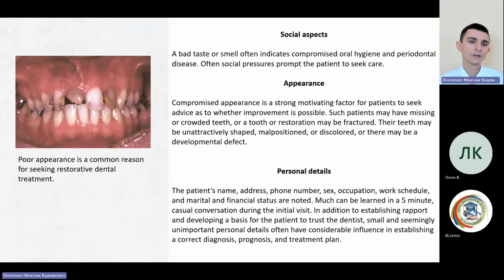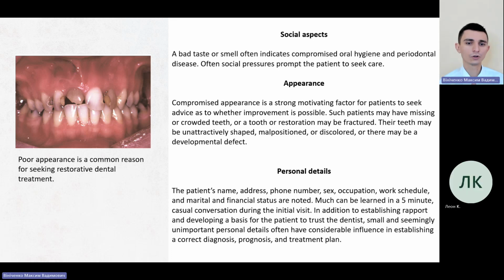Social aspects. A bad taste or smell often indicates compromised oral hygiene and periodontal disease. Often social pressures prompt the patient to seek care. Compromised appearance is a strong motivating factor for patients to seek advice as to whether improvement is possible.